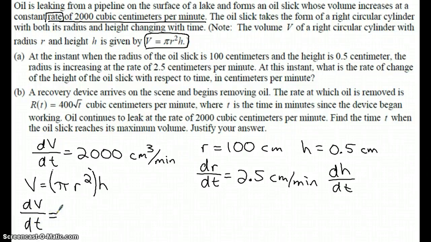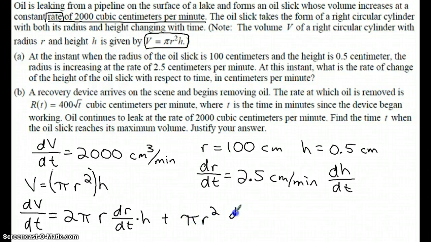Take the derivative of pi r squared first, and don't forget that it's with respect to time, while h stays the same. Then we add the first part times the derivative of h.